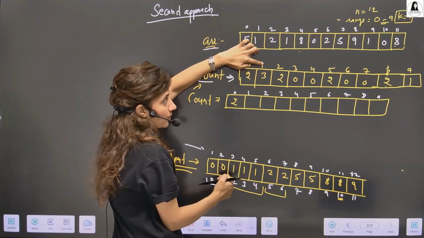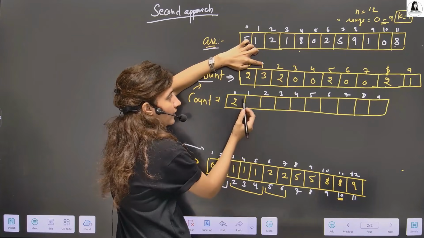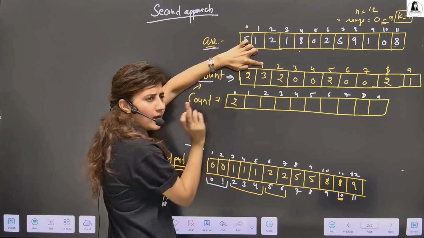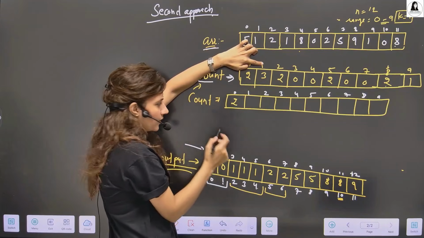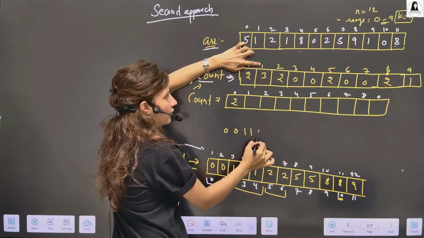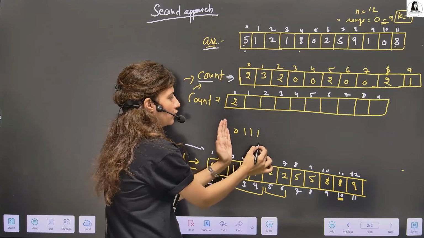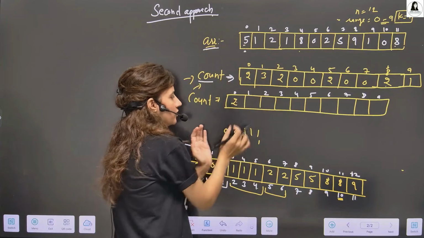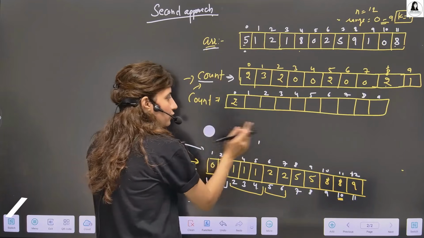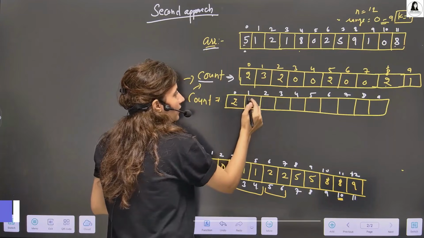So you can get this position by adding this plus this. 2 times we have 0, 0. Now 3 times we have 1, 1, 1. So obviously the last position, how can you get? Add this plus this, 2 plus 3. So this would be last position 1, 2, 3, 4, 5. So like this we update this count array. 2 plus 3, 5.